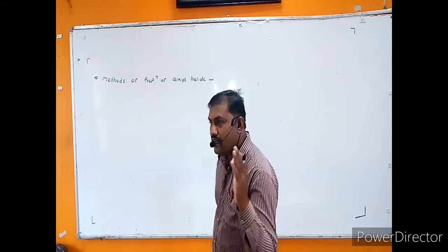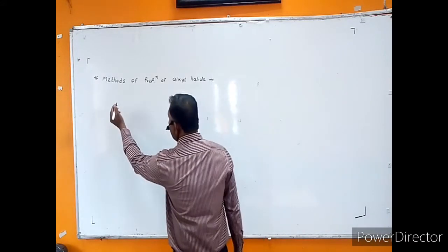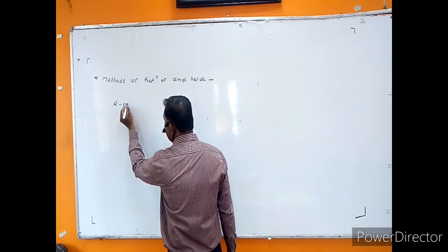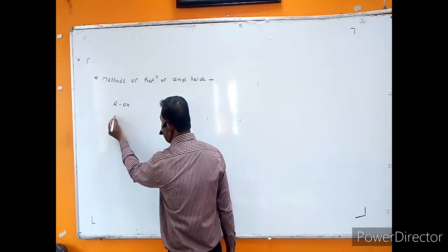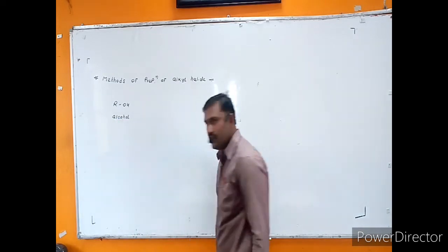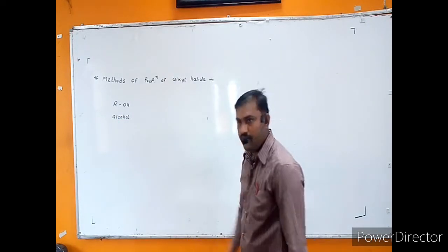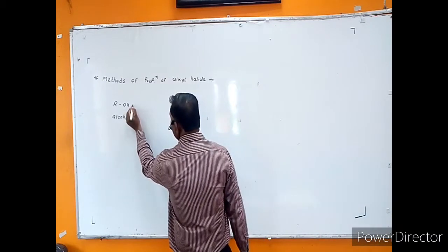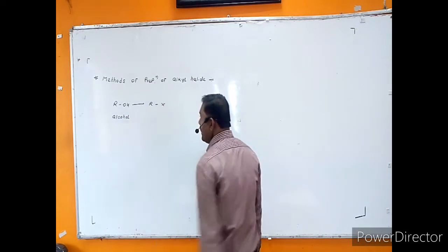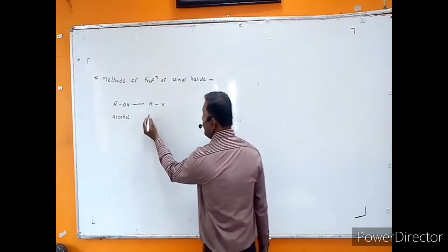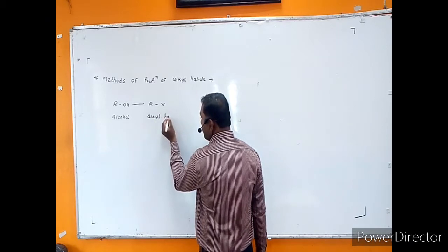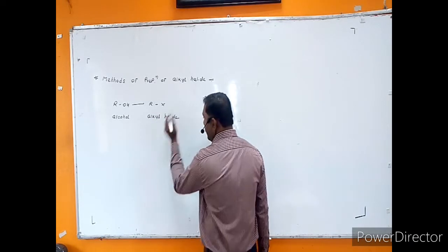So generally, what we have to carry out? We have to carry out this conversion: ROH. This is what? This is alcohol, right? Now here we have to convert alcohol into this kind of functional group, that is called alkyl halide.